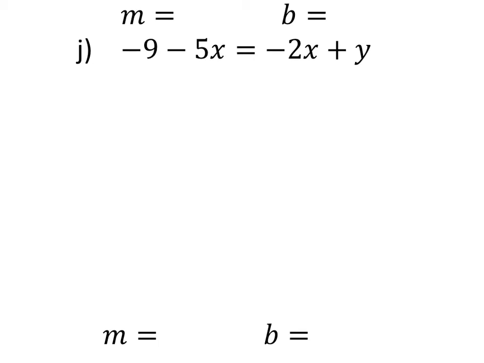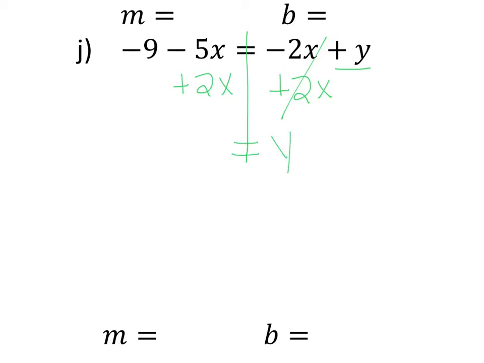Letter J. We have a lot of stuff going on. My y is on the right-hand side of this equation, so I'm going to try and remove everything else from the y. I need to take care of this -2x, and I'm going to do that by adding 2x to both sides. So those cancel, and I'm left with y alone on the right.